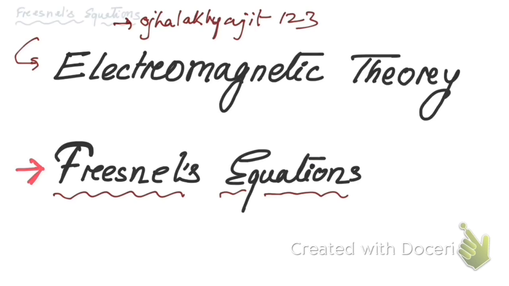So now let's start. Let us consider two dielectric media. Suppose this one is medium 1 and this is medium 2. They are characterized by the constants mu1 and epsilon 1, and mu2 and epsilon 2.